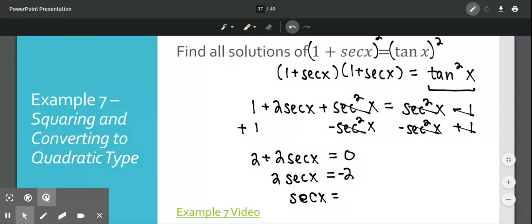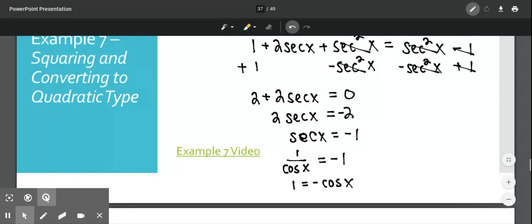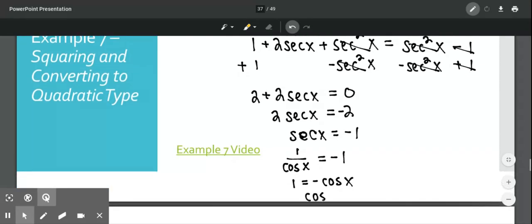x equals negative 1. And here you might want to think about reciprocals. So you could say 1 over cosine equals negative 1, which means if you multiplied both sides by cosine, you would get that 1 would have to equal negative cosine, or that cosine would have to equal negative 1.